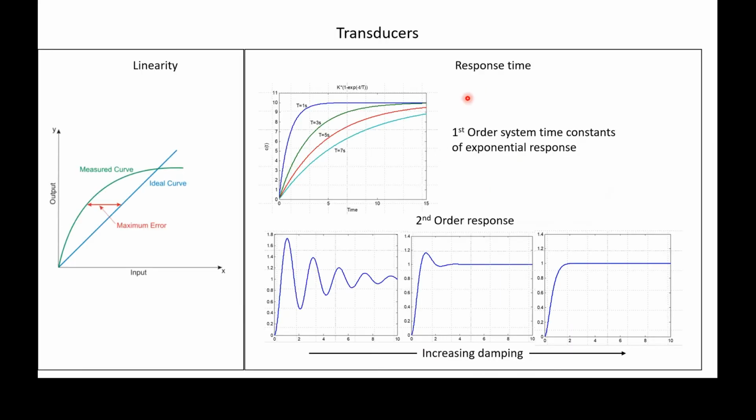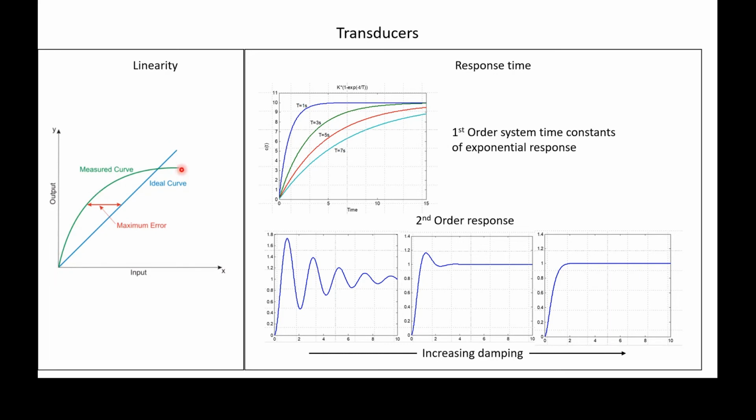And here gives you an overview of the kind of things that we might get. If we put in our input here, which is our ideal, what it should be, the output and input should be linearly related by this ideal curve, this straight line. But in fact, what we get out of it is this measured response here because of the way that the transducer works.